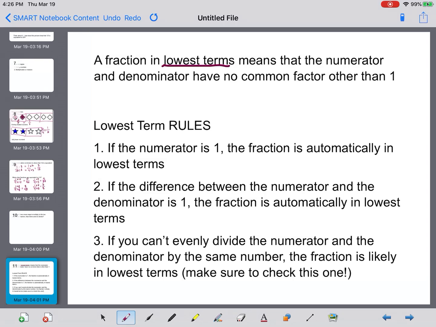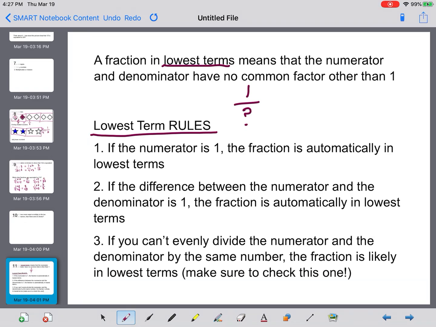So a fraction in lowest terms means that the numerator and the denominator have no common factor other than 1, meaning you can't divide them by the same number except for 1. So some rules about lowest terms is if the numerator is 1, the fraction is automatically in lowest terms. So 1 over any number is in lowest terms.